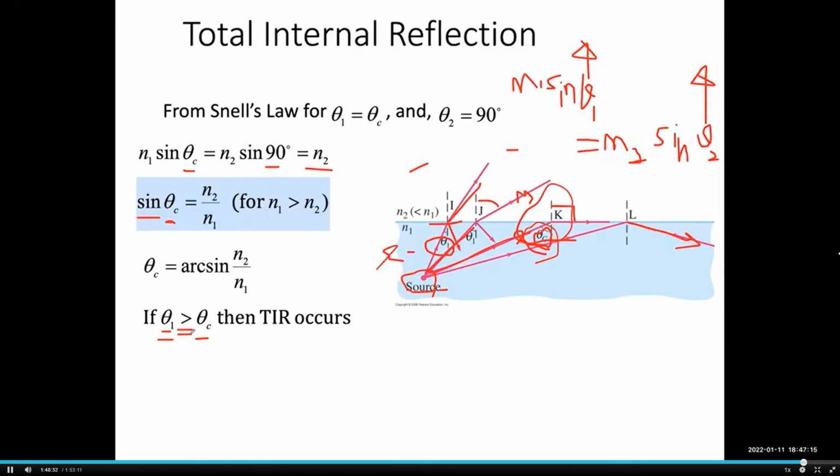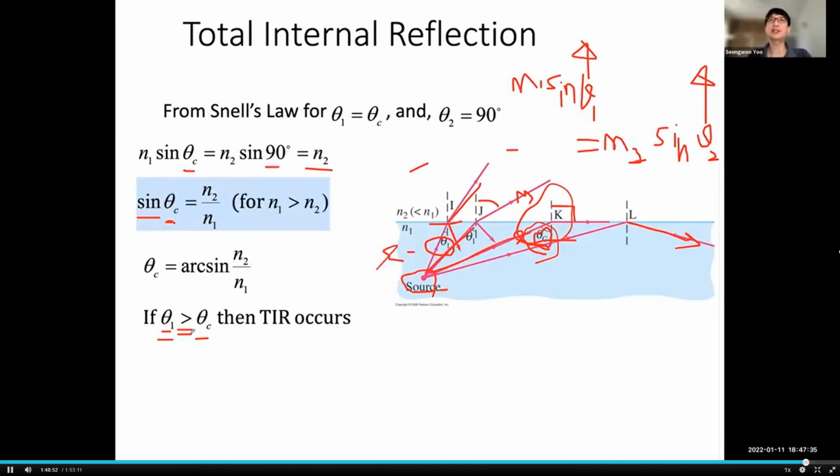Okay. Then for the other question, since you say in this course that at the critical angle it is considered total internal reflection, actually in reality it's technically not, right?